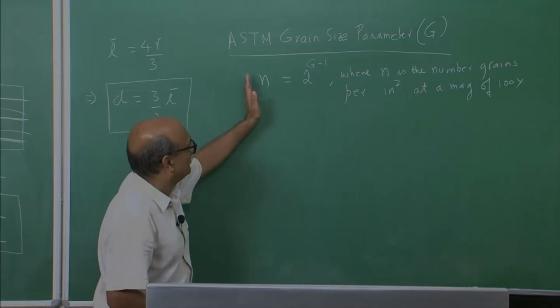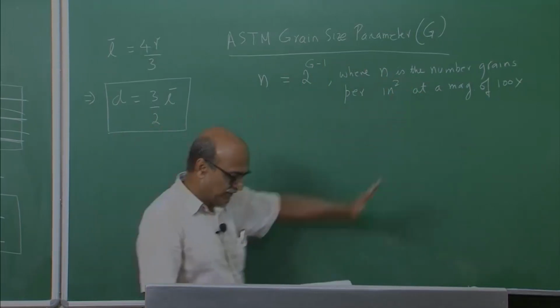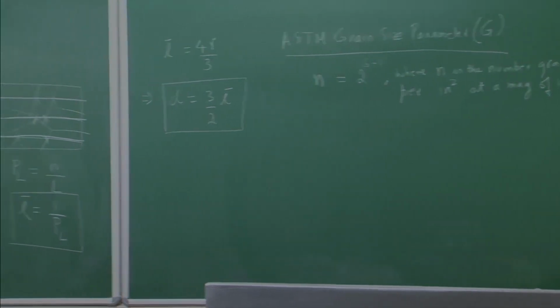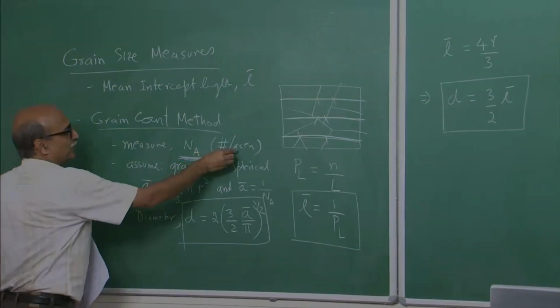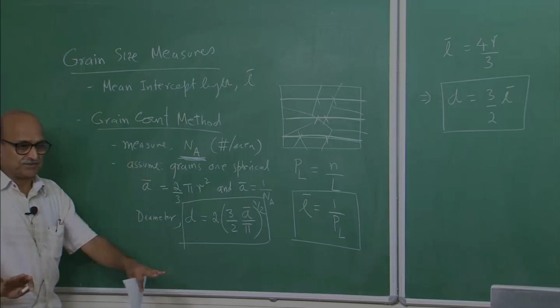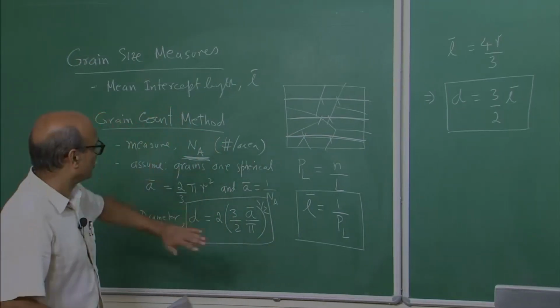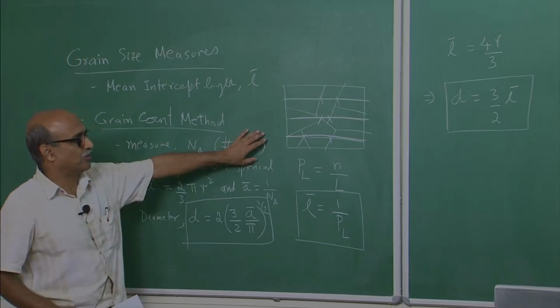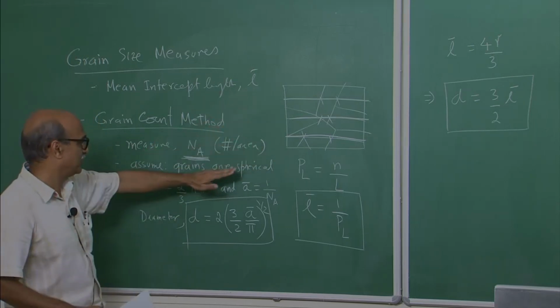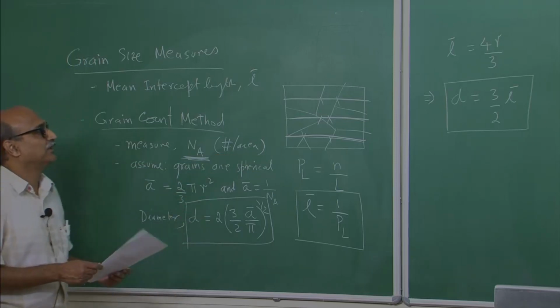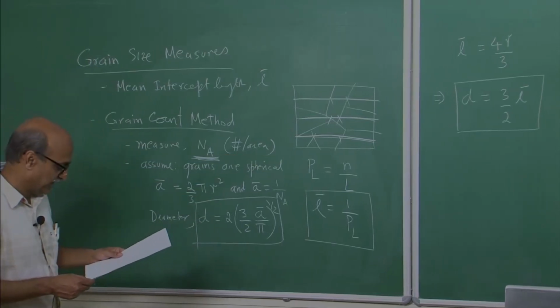Now, of course, we can do this. However, we can also use this measure of NA, number of grains per unit area, at 1x. So, no magnification is taken into account, not 100x, 1000x, whatever, simply at 1x. What is the number of grains present?